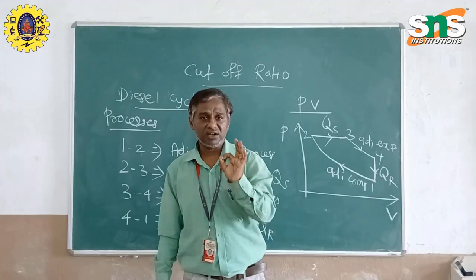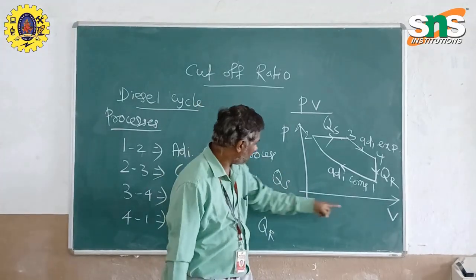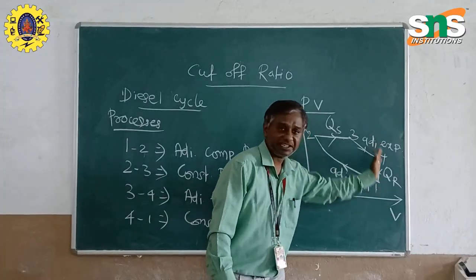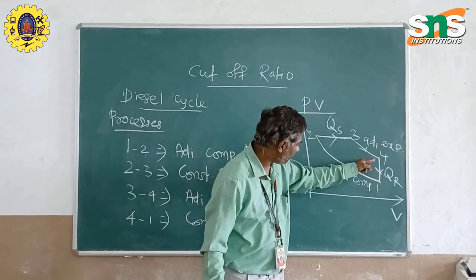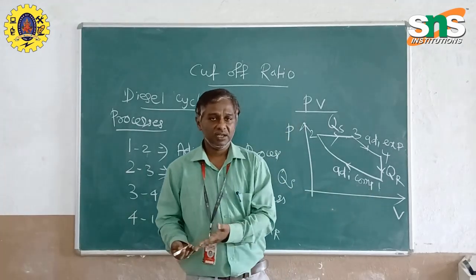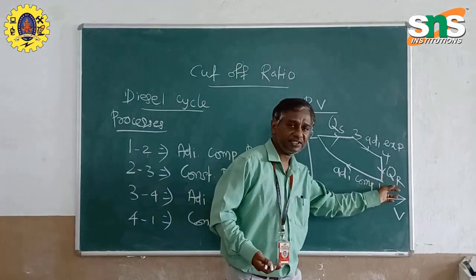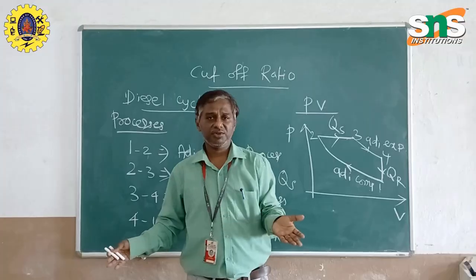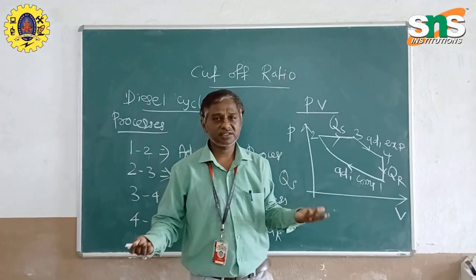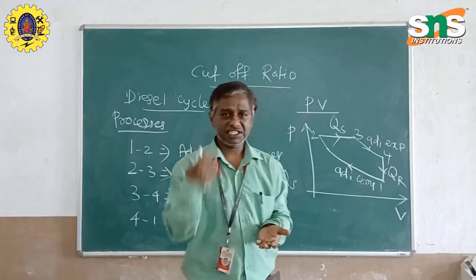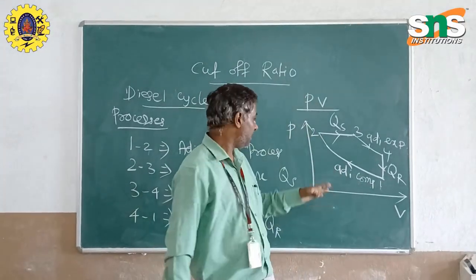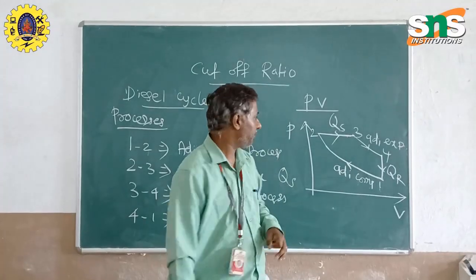Volume is constant, so it is a straight line. The volume at point 4 and the volume at point 1 are the same. At the same time, heat rejection happens, so the temperature goes down. If the temperature comes down, the pressure also decreases. That is the concept through which we draw this PV diagram.